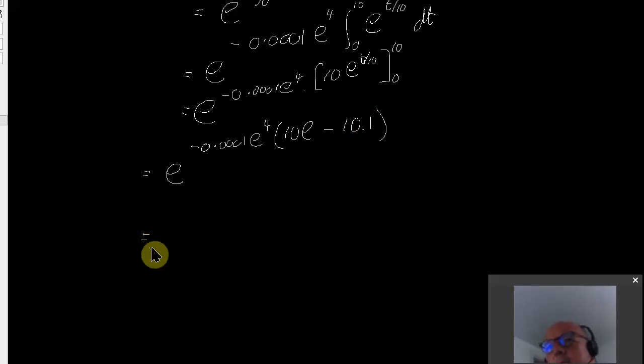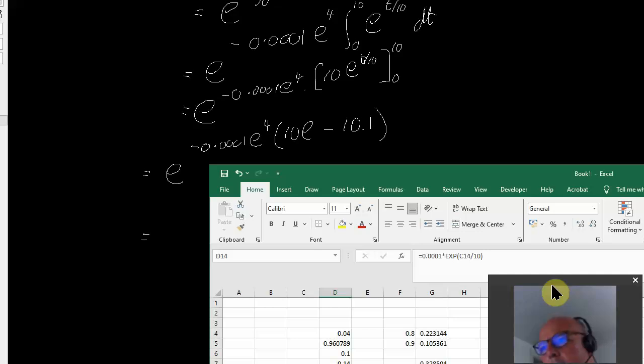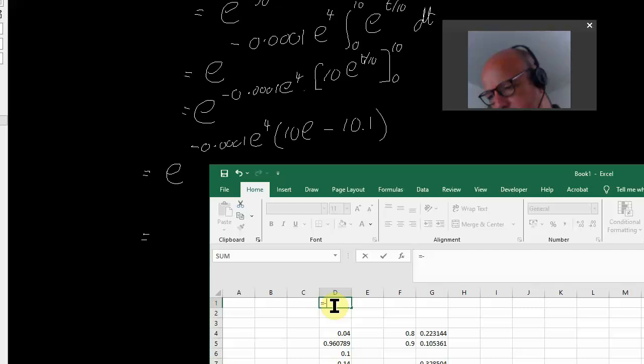Okay, so then we just work that out. Equals minus 0.0001 times exponential of 4, times open bracket 10 times exponential of 1 minus 10.